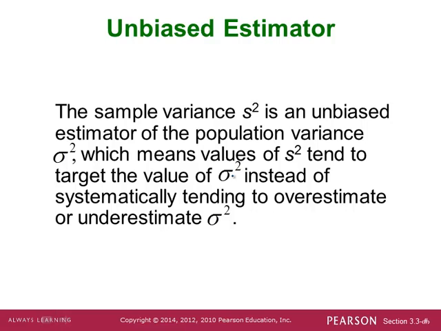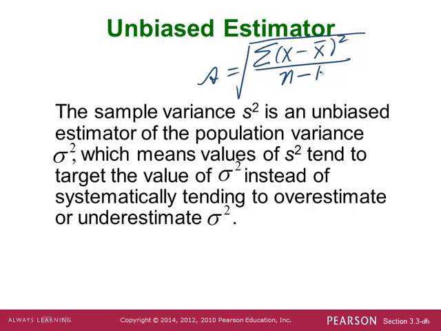Now, the reason that when we calculate the sample standard deviation we divide by n minus 1 instead of n is that this gives us what is called an unbiased estimator.